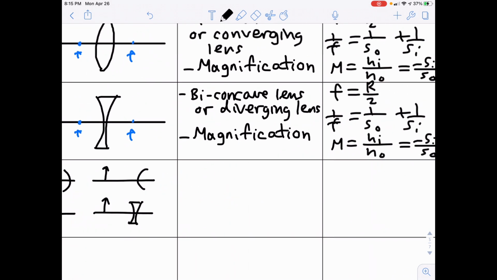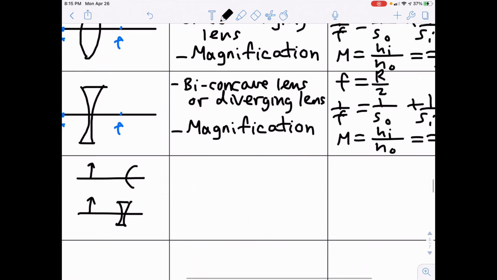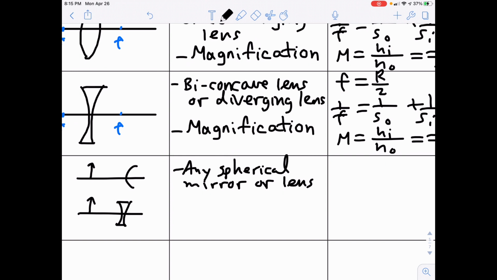It honestly doesn't matter. Okay? Any spherical mirror or lens. Okay, and yes, magnification is still involved in problems like this.